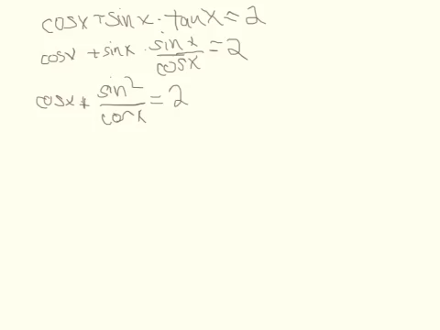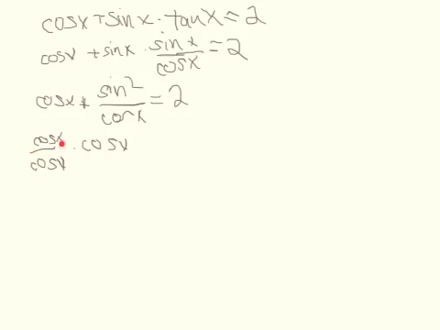Now we're going to multiply the cosine by cosine over cosine, which is the same as 1. So I get cosine x over cosine x, which is the same as 1. Remember, anything over itself is 1, times cosine x, which is coming from up here. So this is our cosine x, just multiplying that out.